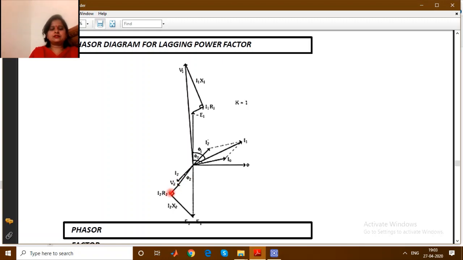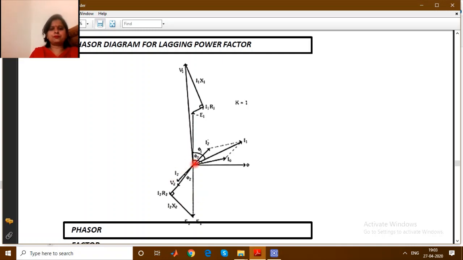I2 X2 will start from I2 R2 and make a 90 degree angle with I2 R2. So this is I2 X2, right? So this is your V2 plus I2 R2 plus I2 X2 is equal to E2. This is the resultant E2, and I2 will be over here with some angle phi 2 with V2. So this is all about the secondary.